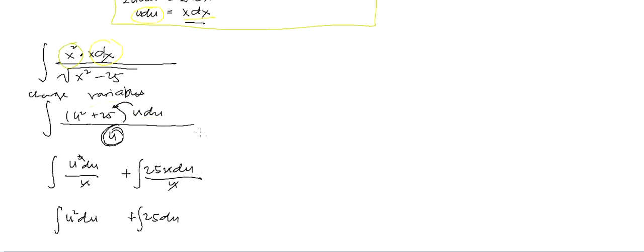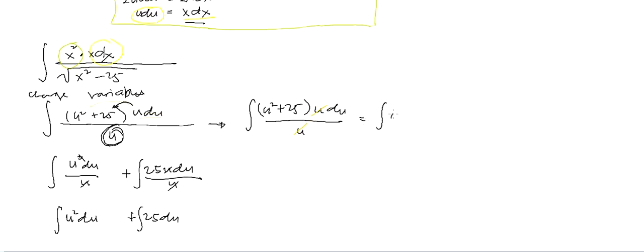You can also cancel this out from the start: u squared plus 25 times u du all over u, so we have u squared plus 25 du.